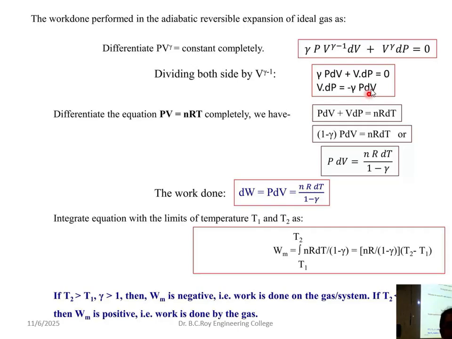So as a result, this gamma, suppose this one is the slope. If you take the y equal to mx equation, make a graphical plot for the adiabatic and isothermal. How much will be the difference? Which one will be steeper, do you think? Adiabatic or isothermal?